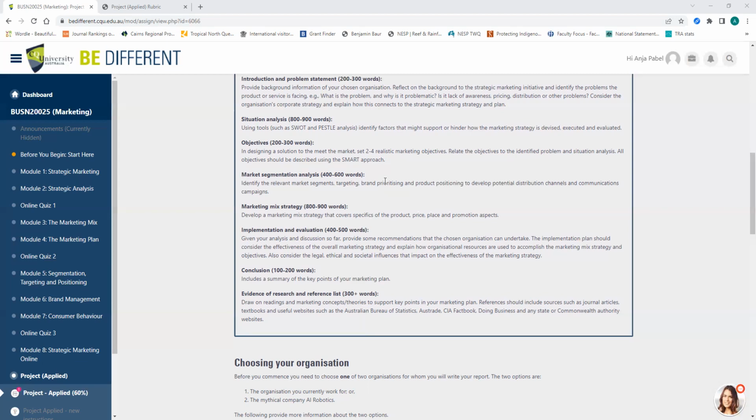So if you find out how a customer distinguishes one product from another product in the market, then that can help to identify how to capitalize on a competitive advantage. And any of those are helpful in developing a potential distribution channel and communication strategy to talk to your identified target market.